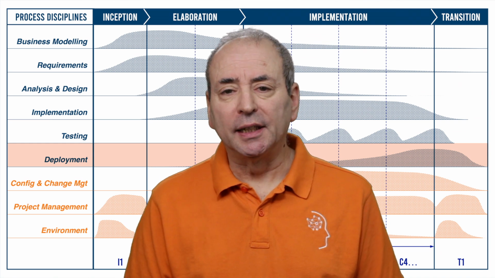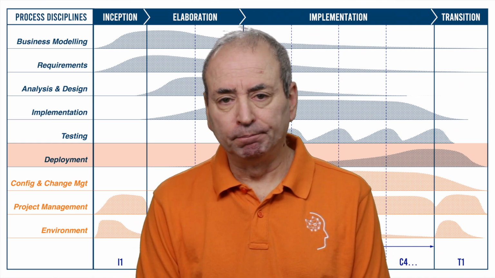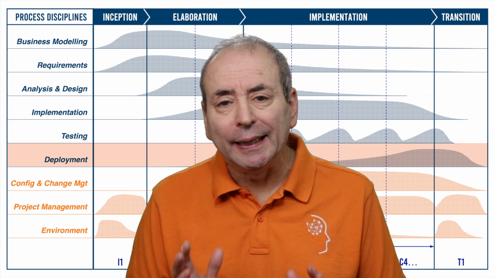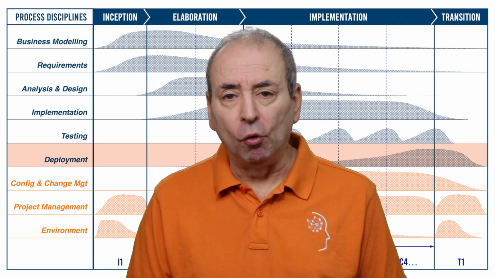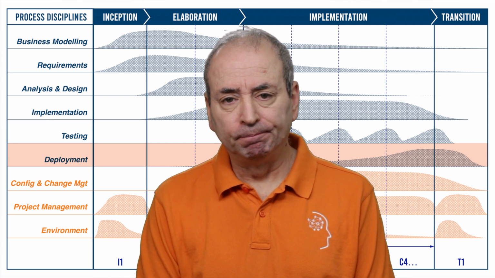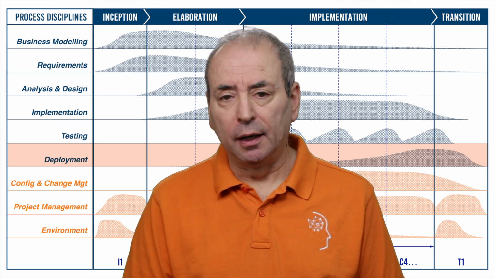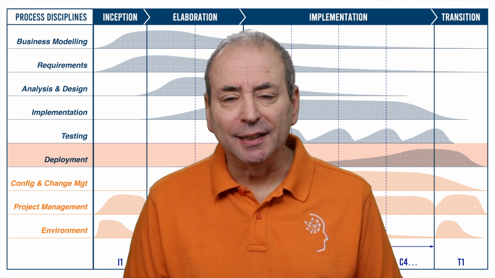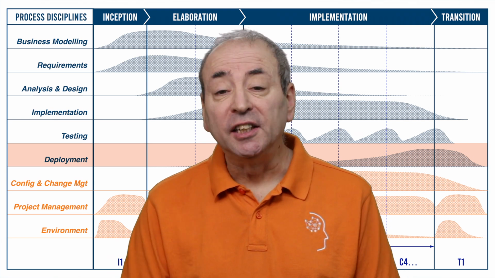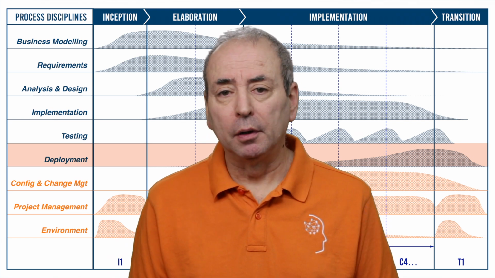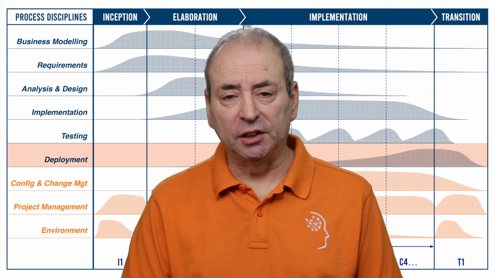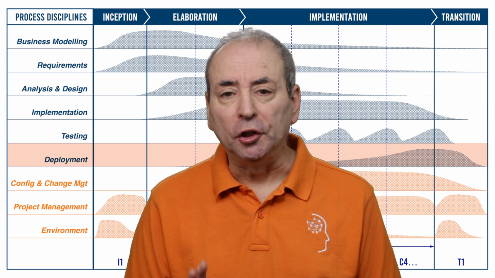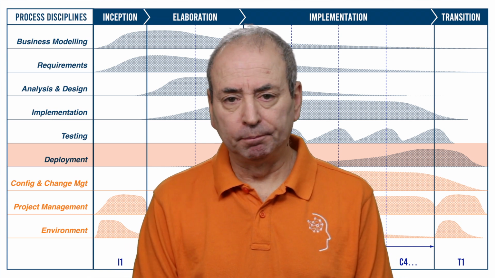The sixth of the processes is deployment. This is where we release the completed software system into production to make it available for the users to use. There are many things to do here that include things like packaging, distribution, installation, help and assistance, data migration, acceptance testing, and final user acceptance.